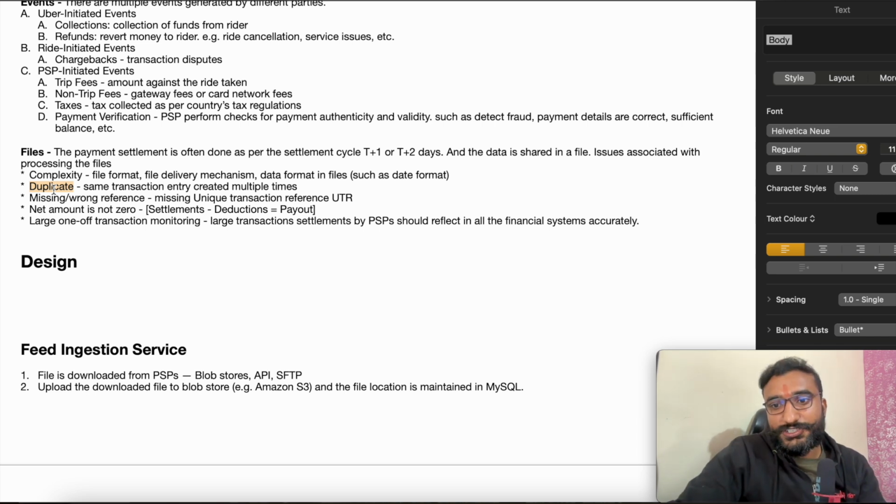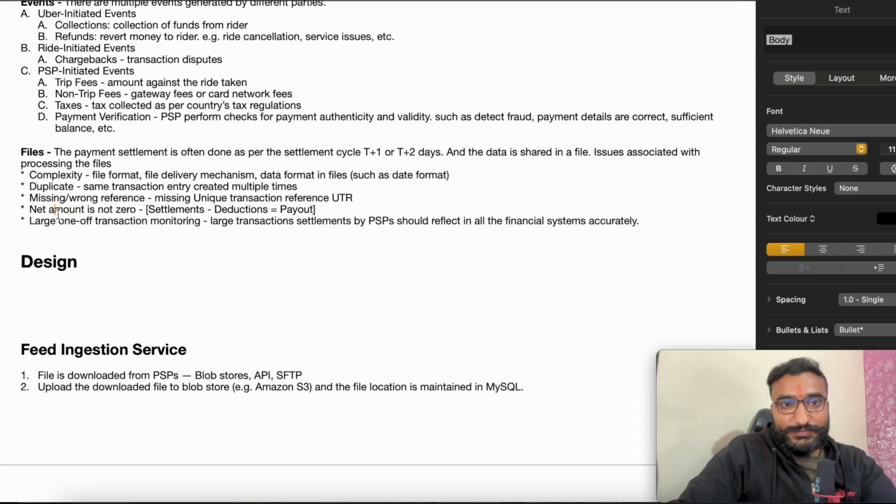Whenever reconciliation happens, if there are duplicate entries, you have to figure out missing or wrong references. We mentioned that we will reconcile the transaction based on a unique transaction reference, and if that's missing or wrong, then it's a problem.